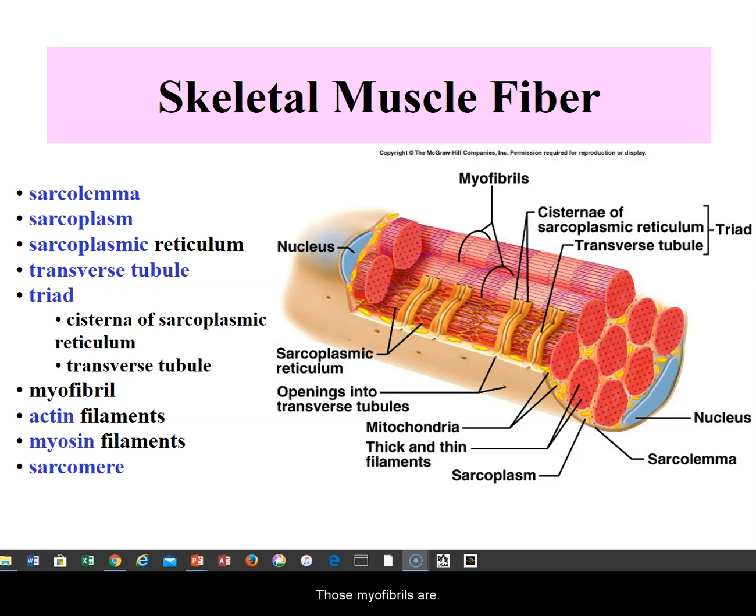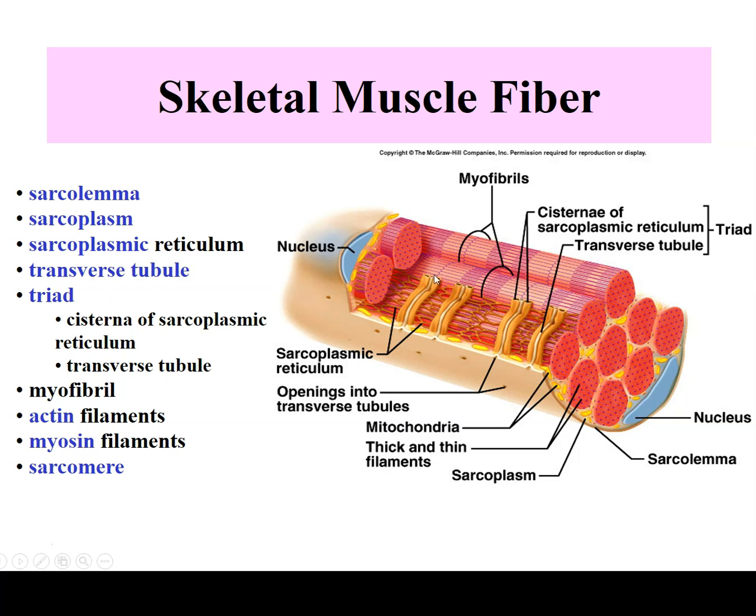Those myofibrils are constructed mainly of actin and myosin filaments. Again, the triad is the two terminal cisterna with the transverse tubule in the middle, and at the A-I junction. Now at the A-I junction, this is the I band, and here's the A band, and we'll look at that again in just a minute.